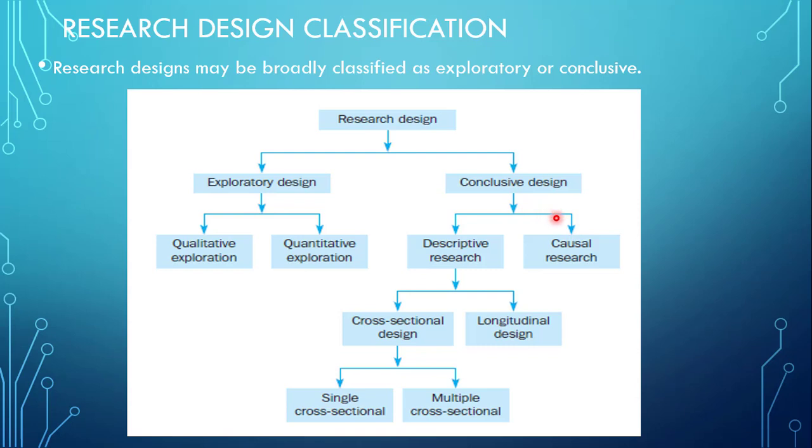As the name indicates, descriptive research design will give you a description. It just describes the phenomenon as it is. Causal research design will relate two or more variables. It has a relationship type of approach.